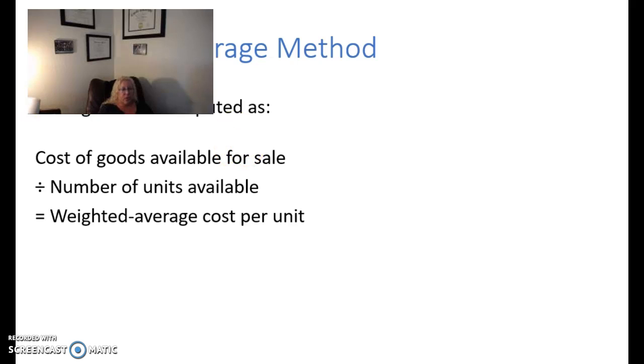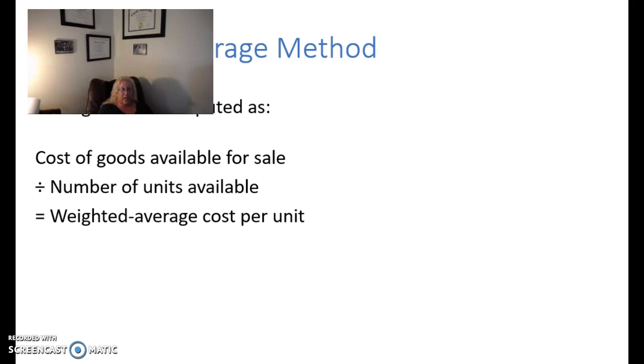So to compute the average cost per unit at any given point in time, you're going to divide the cost of goods available for sale. Now that's different than the cost of goods sold. That's the cost of goods you have available to sell. So you're going to divide the cost of goods available for sale by the number of units available.